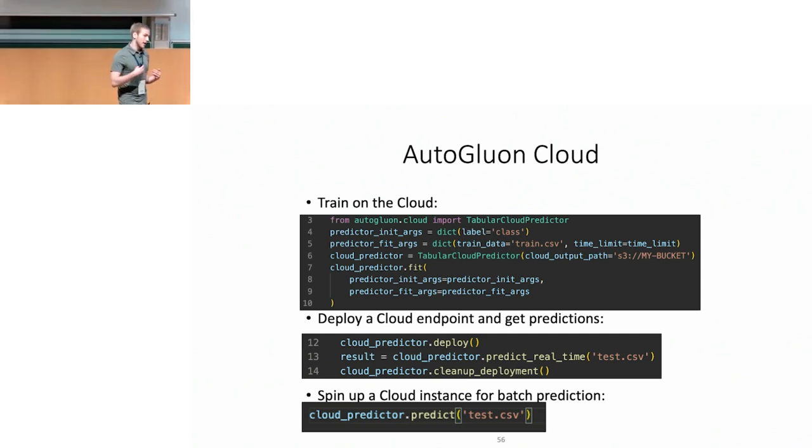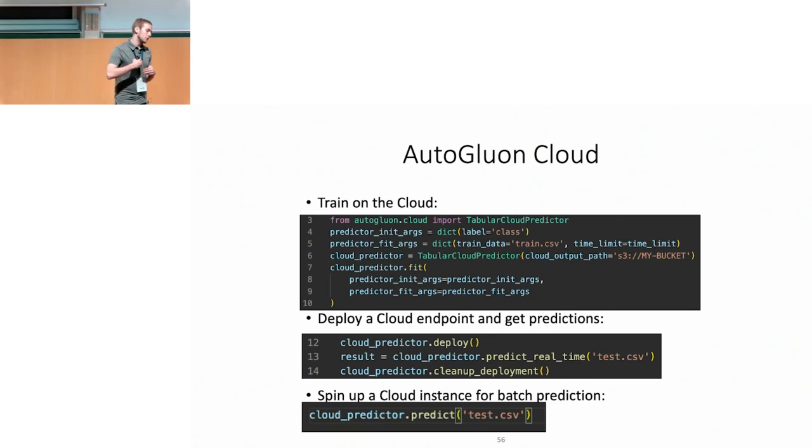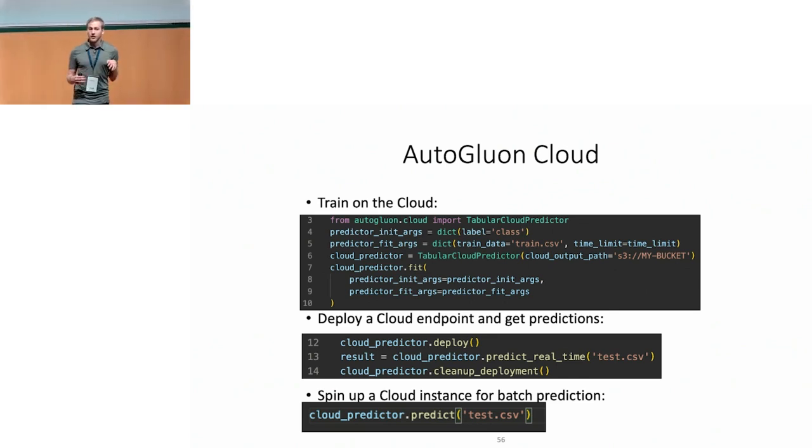Basically, you specify it as a constraint, saying, I require you to be at least this fast in inference. And then during training we will dynamically change the models that we're training and how we're ensembling to ensure that we will meet the constraint. That's called infer limit. It's a fit argument constraint.